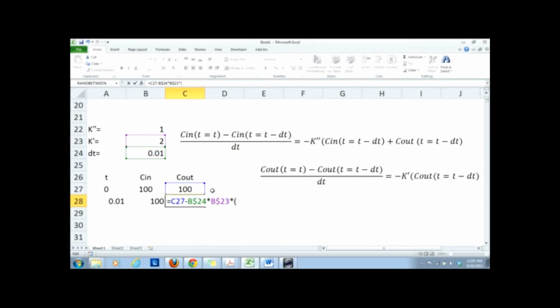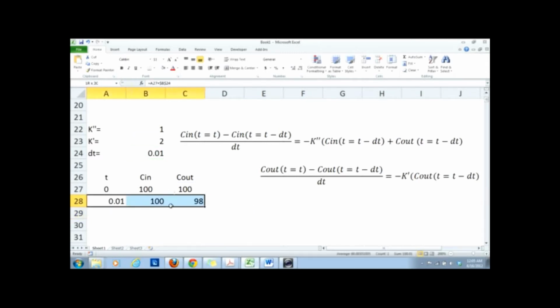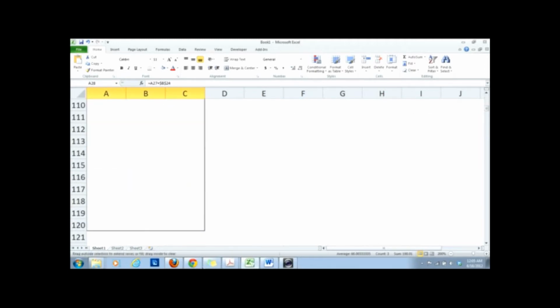C out is not constant, so it will be C out here. I'll press enter. So now this is what I have. Now all I need to do is grab these three numbers and drag them down.